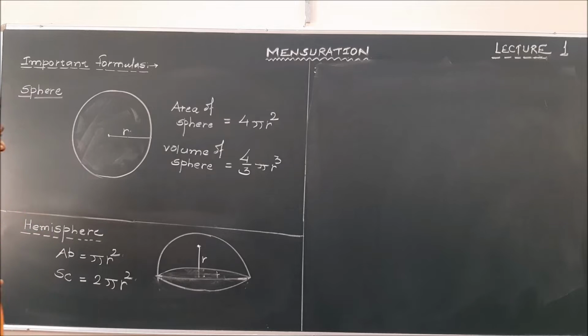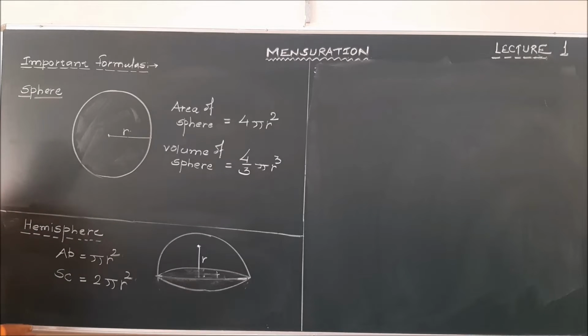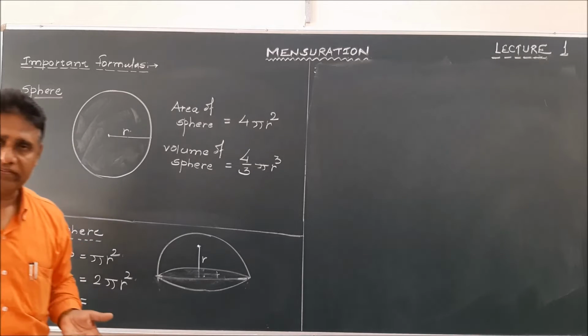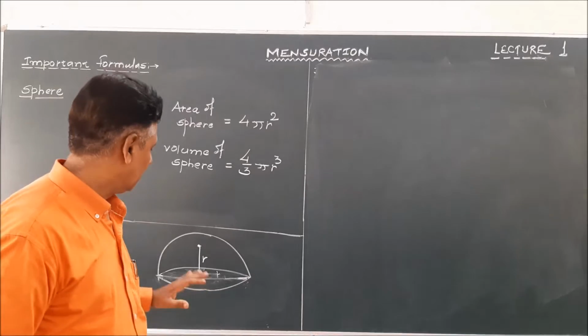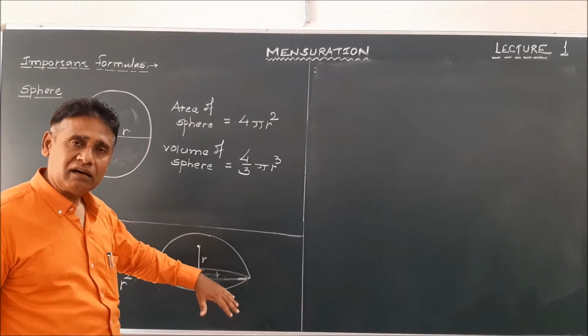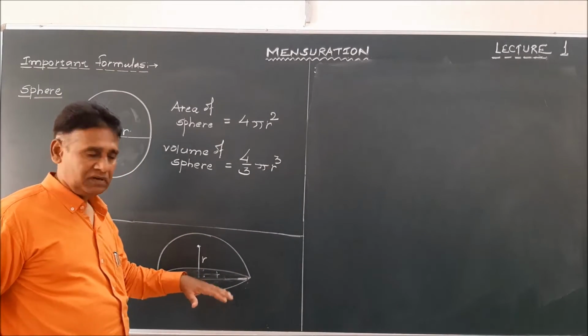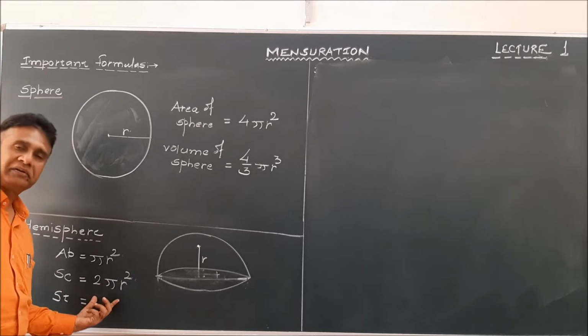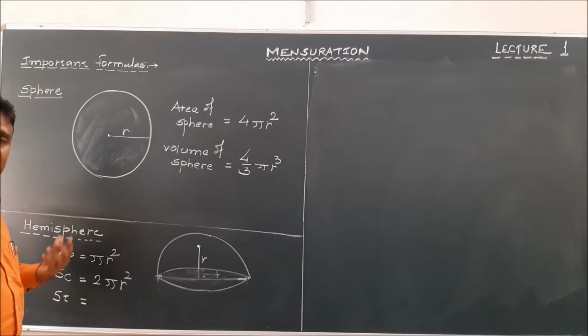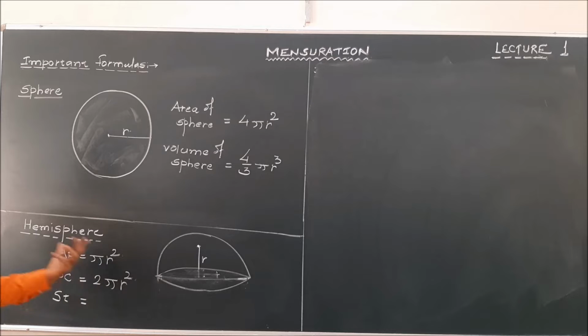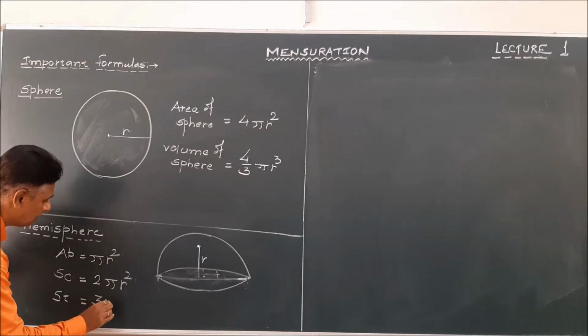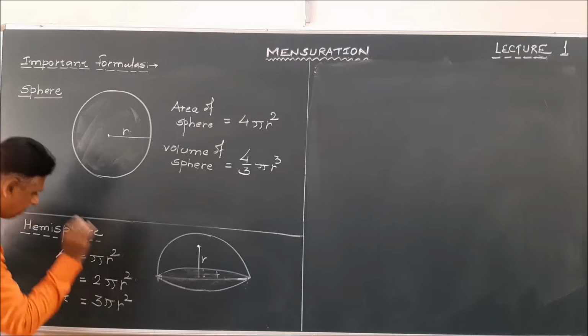The next to that is total surface area. When I say total surface area, I mean to say that curved surface area added with the bottom. Now curved surface area is 2 pi r square. Bottom is in the circular form. So 2 pi r square plus pi r square, that will give me 3 pi r square.